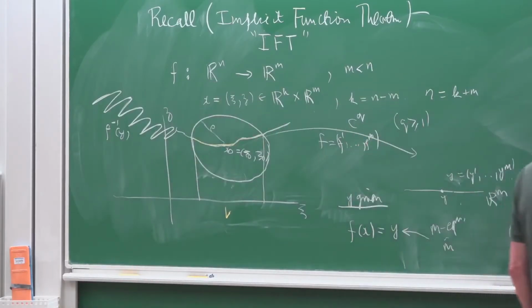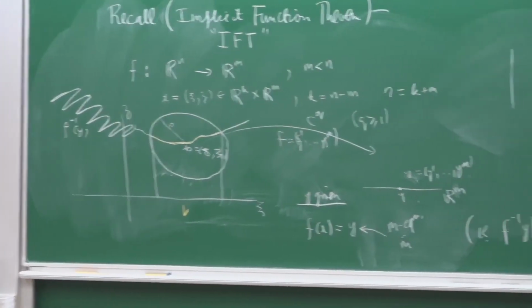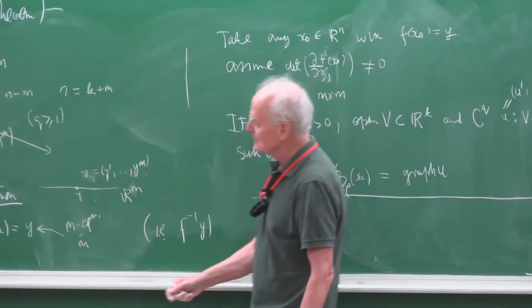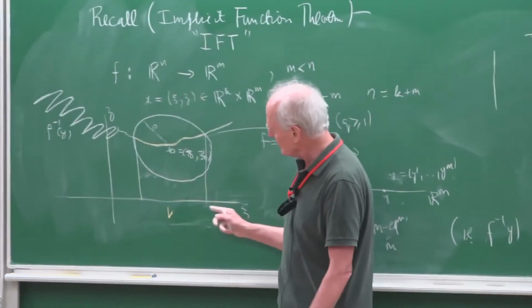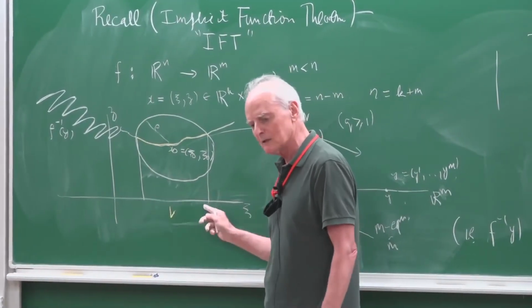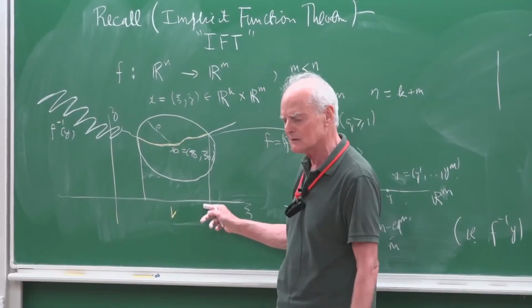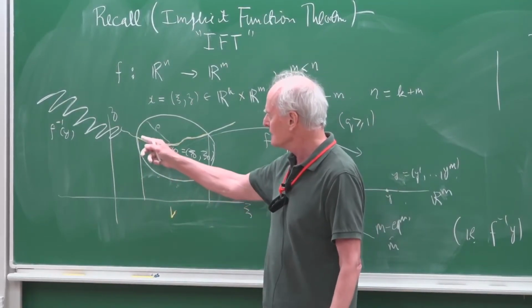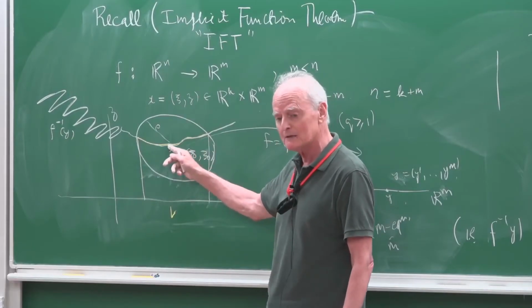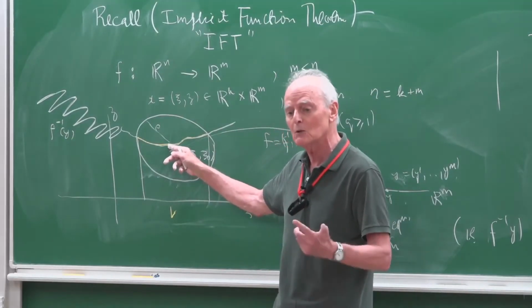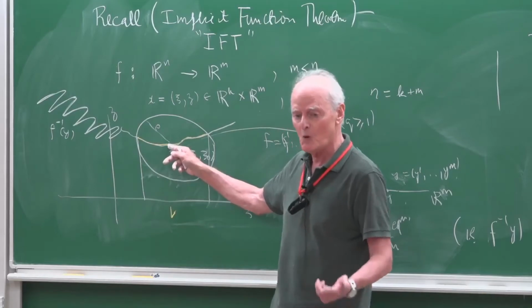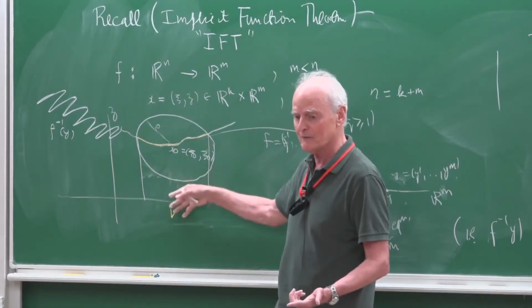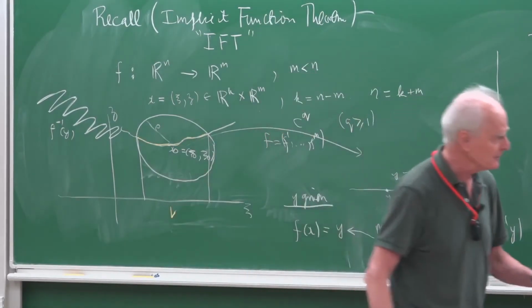So here's the upshot of that. Notice that in terms of our notation from last lecture, when we were talking about submanifolds of Euclidean space, this says that the pre-image near the point x0 is a k-dimensional C^q submanifold, because it's the graph of a C^q function.